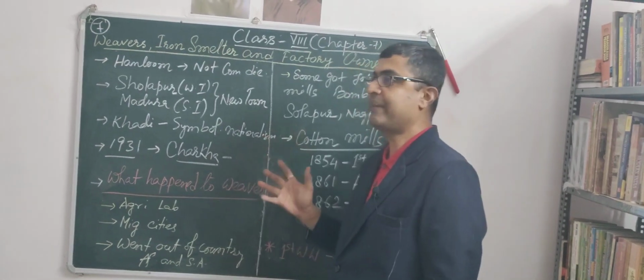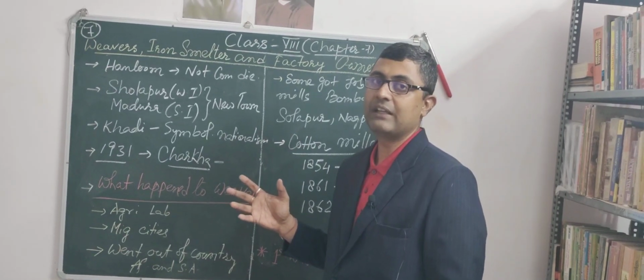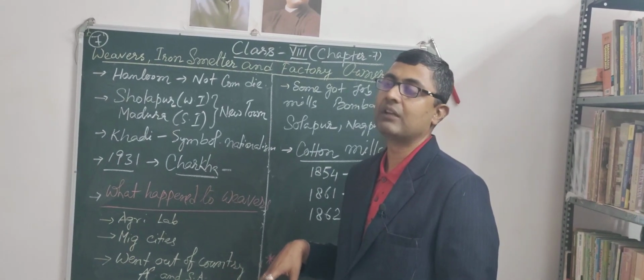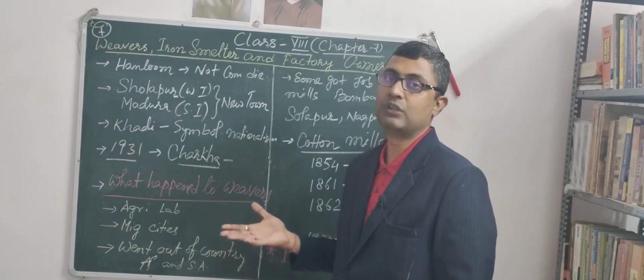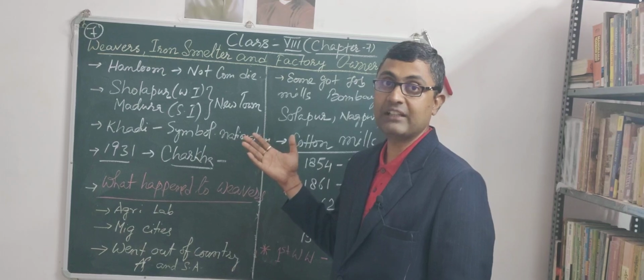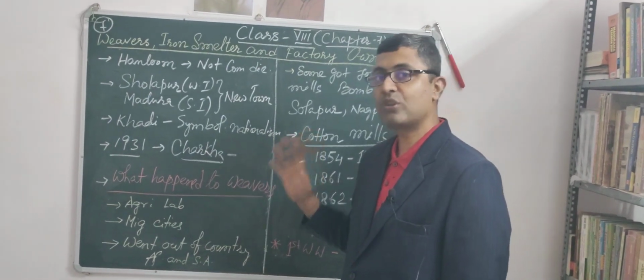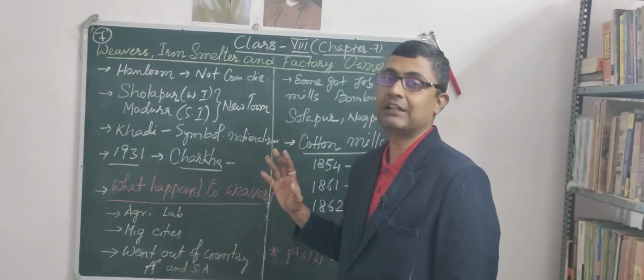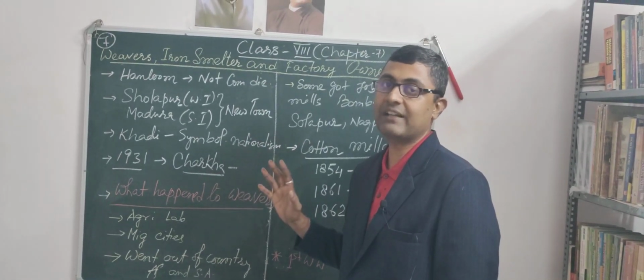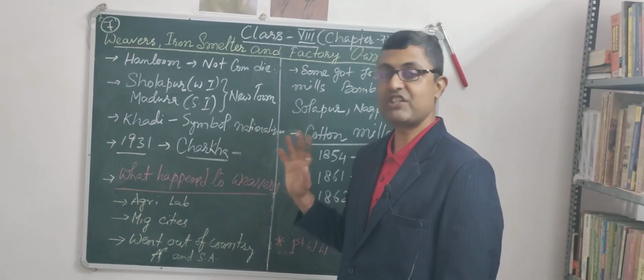So what happened to the handloom industry after the Industrial Revolution in England or Europe? Did the handloom industry completely die? No, because some products of cotton or silk material cannot be made by industry or machine.